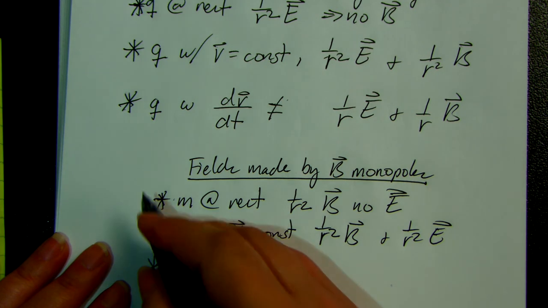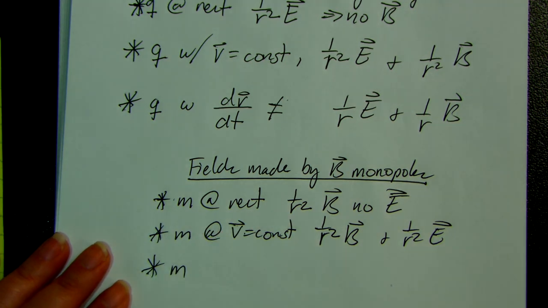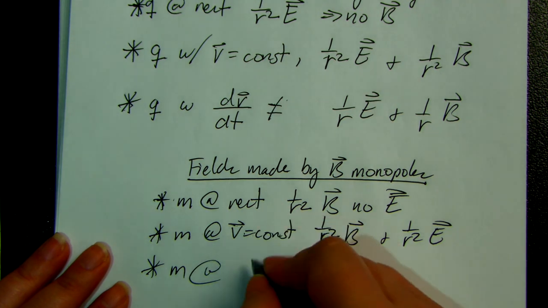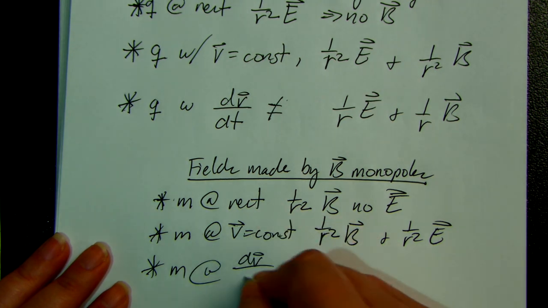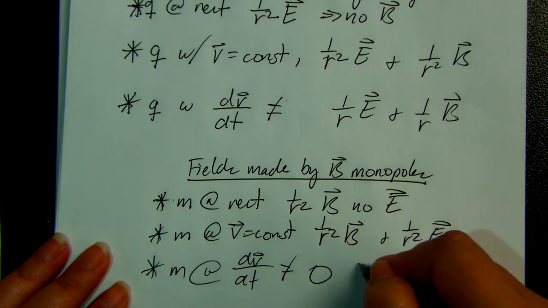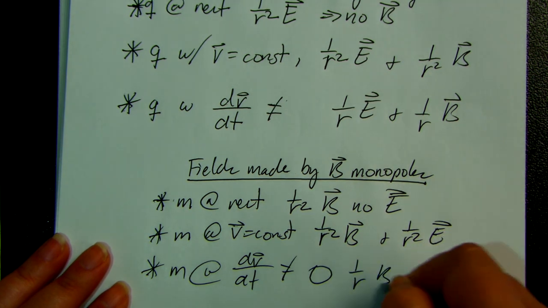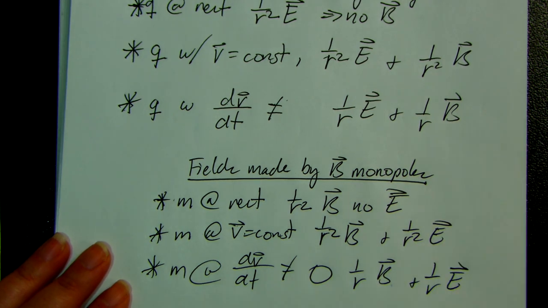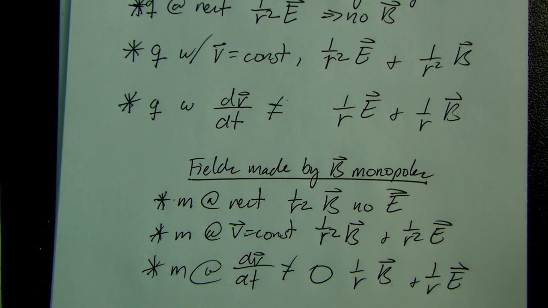And if you have a magnetic monopole and you accelerate it, so it has a time-varying velocity, you have a 1 over r B field and a 1 over r E field. There you go.